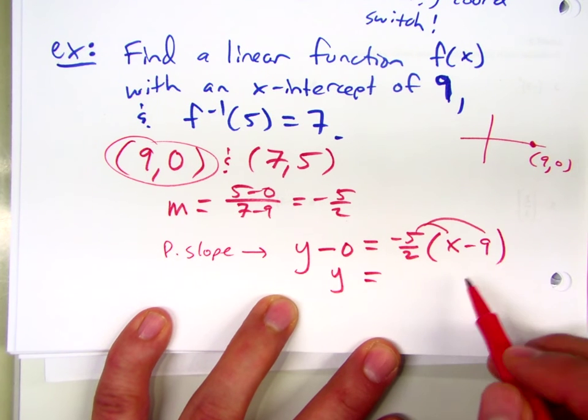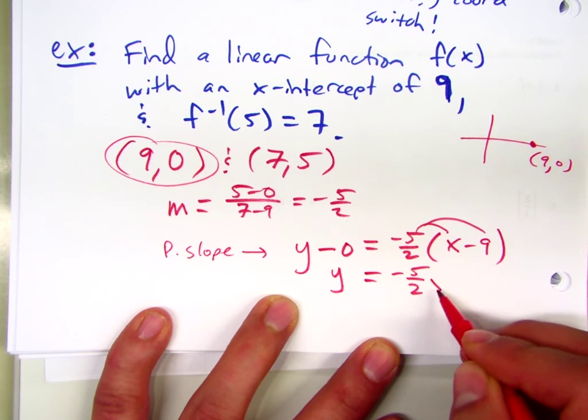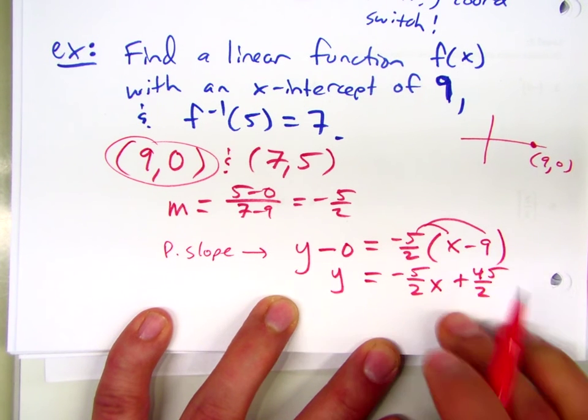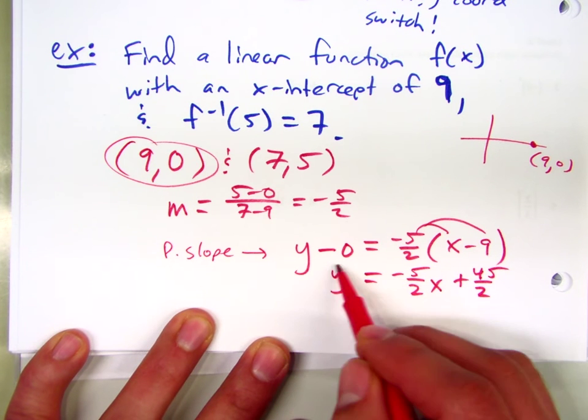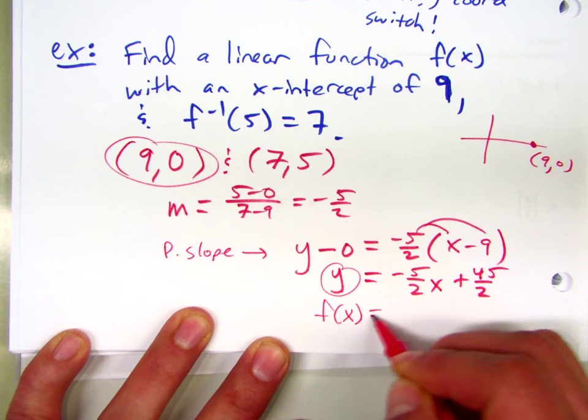Distribute there. So that's negative 5 over 2x plus 45 over 2. And the y, that is our f of x. So the last thing you're going to do is just replace this with f of x.